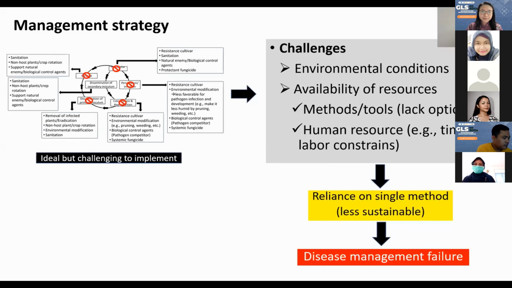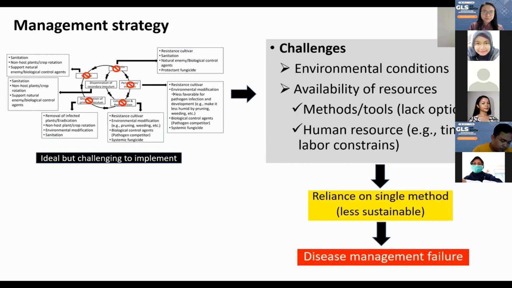One is the environmental conditions. Sometimes things are beyond our control, right? For example, inclement weather, okay? Growers in the US usually have really large acreage of land or field to cover, and they sometimes cannot access their field because of inclement weather.